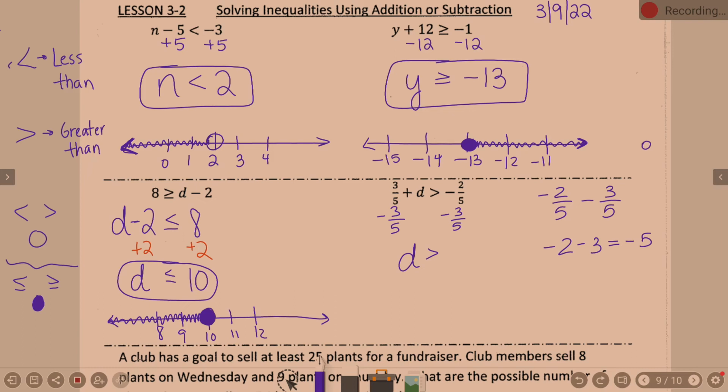So when we do this fraction, negative 2 over 5 minus 3 over 5 is negative 5 over 5. What is negative 5 over 5? Negative 1. So we're actually going to say D is greater than negative 1.